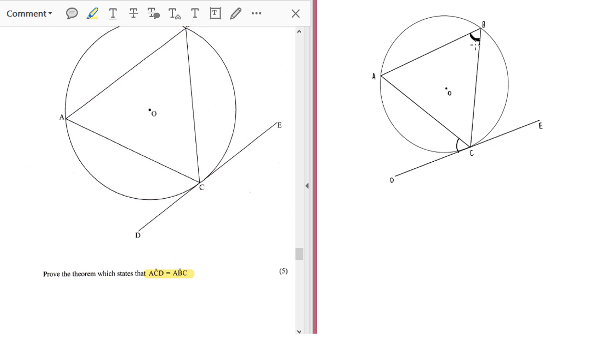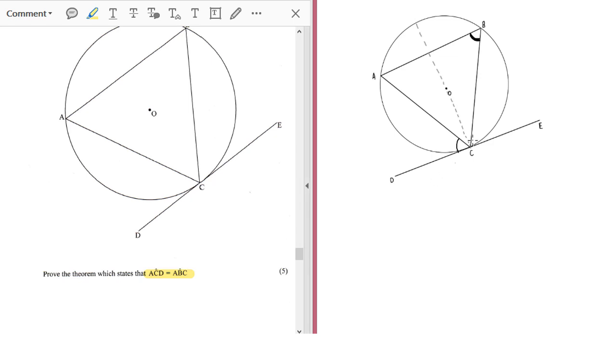So before we begin this, we need our construction. For this specific theorem, our construction is always that diameter. We're going to write it down, but I'm just going to draw it in for now. The first thing you're going to say is that you are going to construct a diameter in this circle.